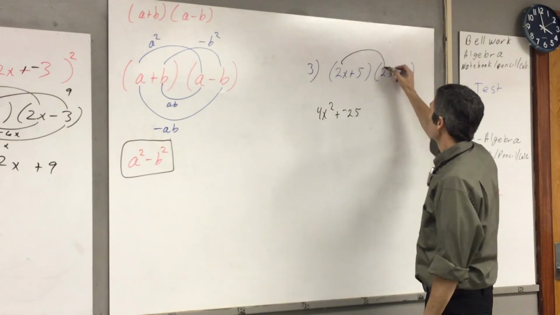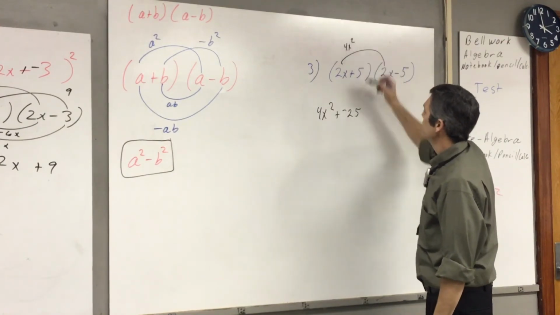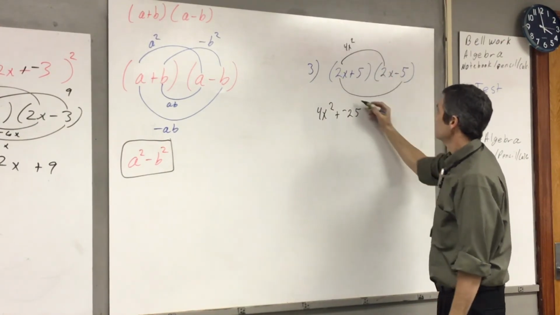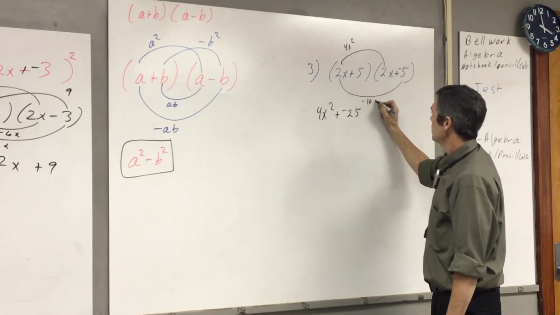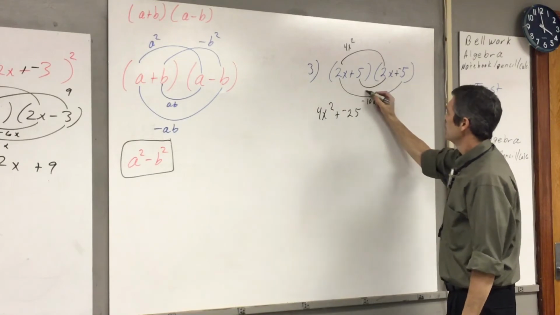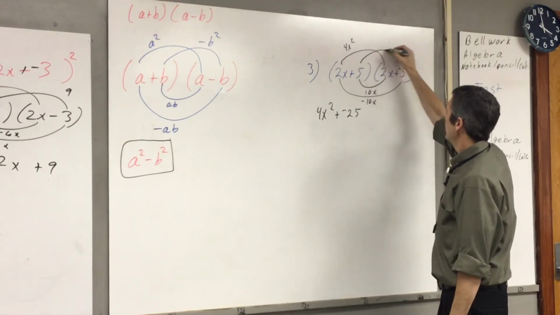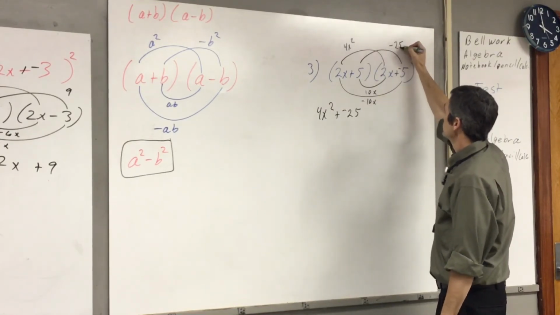So here, 4x squared outside, and I'm going to do click right there. 2x gets you negative 10x inside, 10x outside, negative 25.